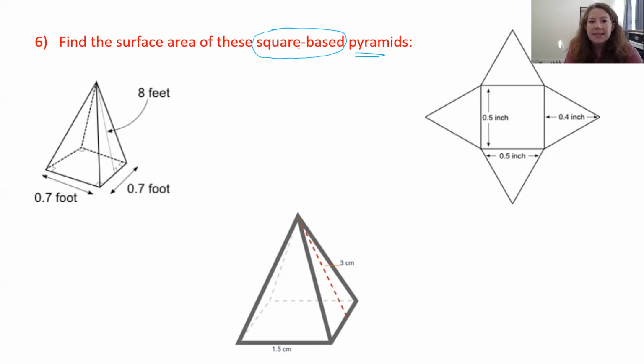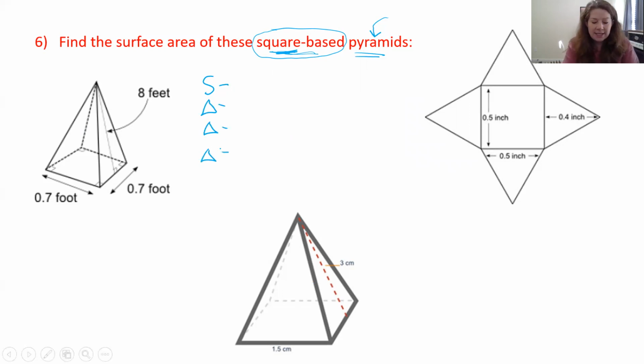So the base can be a square or a rectangle, and all the sides of pyramids are triangles, right? So we know we have a square on the bottom and 4 triangles.